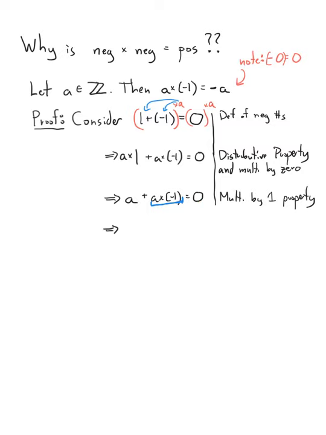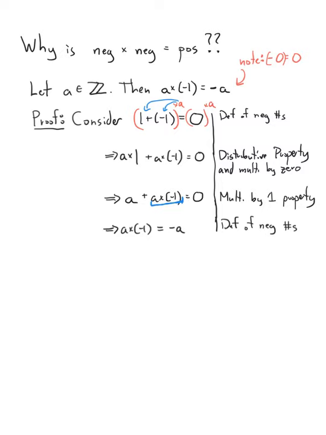Well, by the definition of negatives, this must be negative a. Since it's the number, when I add a to it, I get 0. So I have that a times -1 must be negative a by the definition of negative numbers.